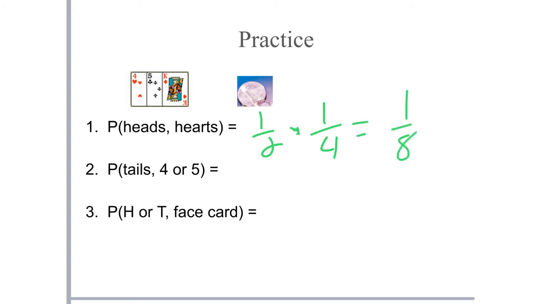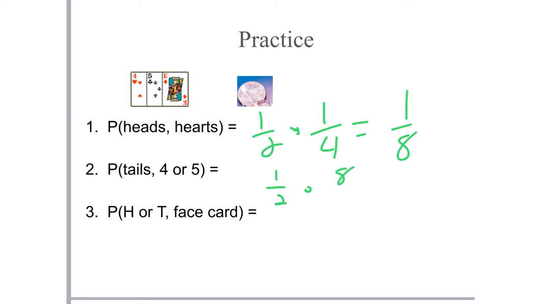What's the probability of flipping a tails and pulling out a 5 or a 4 from the cards? So again, the probability of flipping a tails is 1/2, times the probability of getting a 4 or a 5. Well, the probability of getting a 4 is 4 out of 52. The probability of getting a 5 is also 4 out of 52.